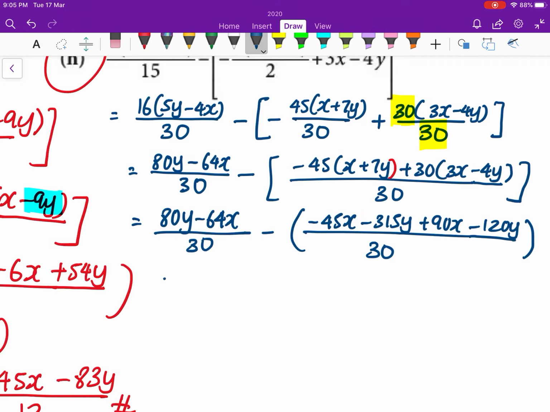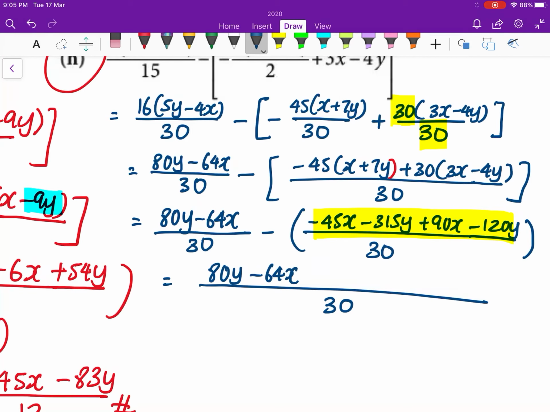Okay, let's combine one big denominator. Or would you like to simplify first? You can choose to simplify this before you remove the bracket, or you can choose to remove the bracket right now. Okay, so I choose to remove the bracket right now. It will be 80y minus 64x, no change. Now take note, this negative sign over here will multiply into every single term.